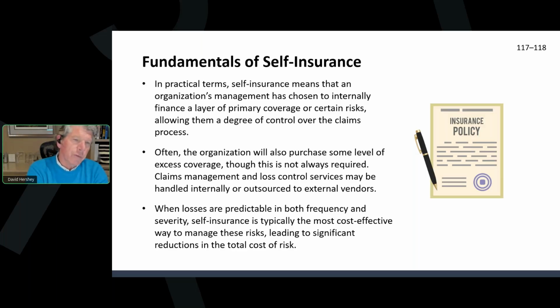Now, here's the other side of that. If I am self-insured, am I entitled to either protection or prosecutorial restitution under insurance fraud?